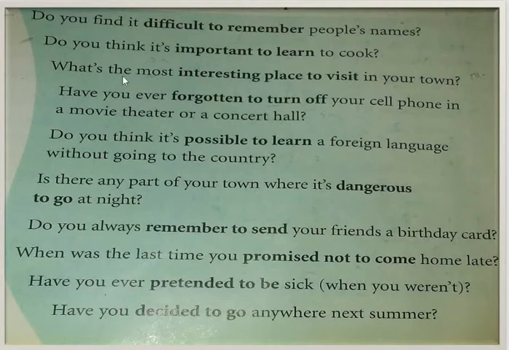Number three, we have is, then visit, so we separate them using to. Here also to: turn off, forgotten, think, learn to, we have is and go to, send, remember to, promised, come to, pretended, be, and to, decided, and go to.